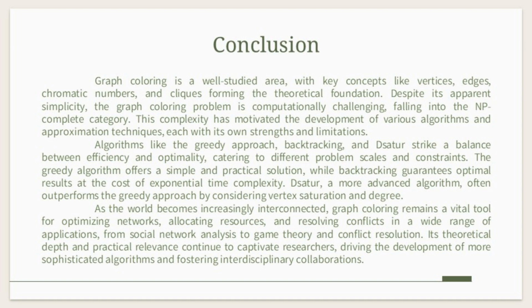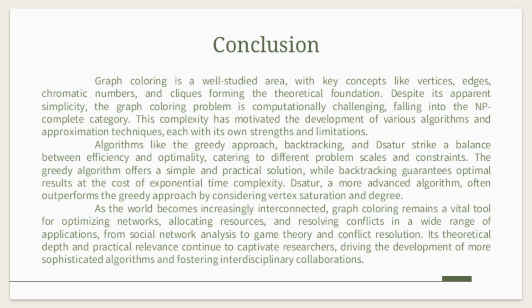Algorithms like the greedy approach, backtracking, and DSatur strike a balance between efficiency and optimality, catering to different problem scales and constraints. The greedy algorithm offers a simple and practical solution, while backtracking guarantees optimal results at the cost of exponential time complexity. DSatur, a more advanced algorithm, often outperforms the greedy approach by considering vertex saturation and degree.